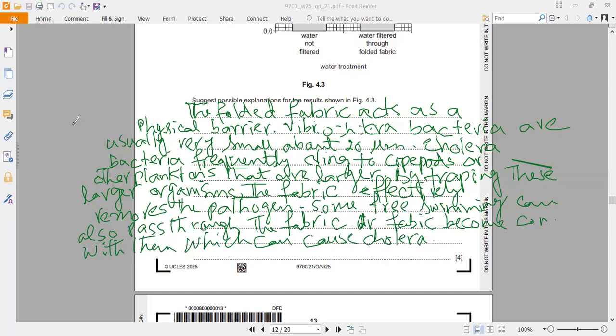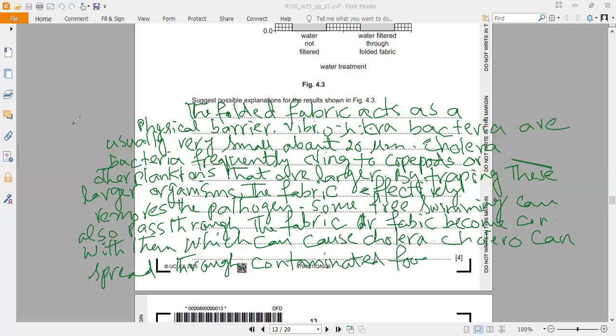So cholera can spread through contaminated food or person to person contact.